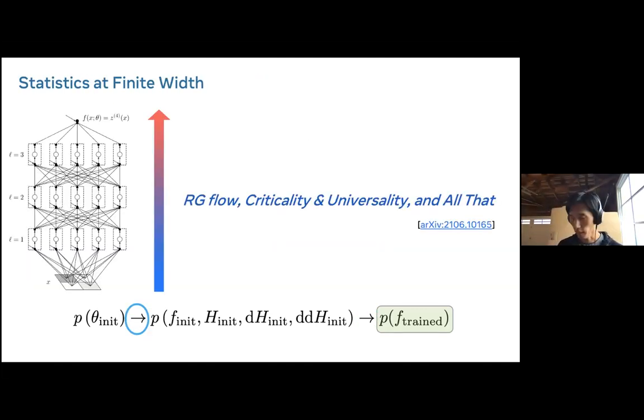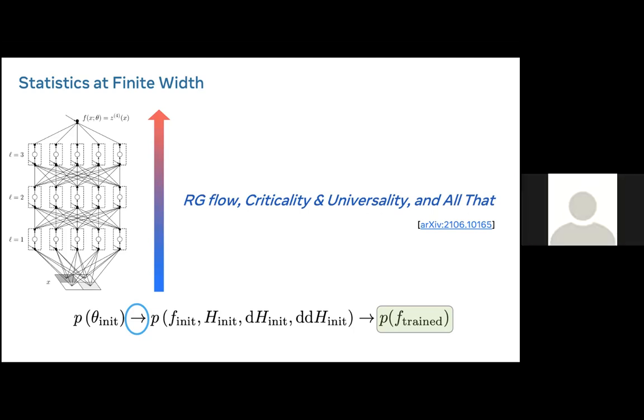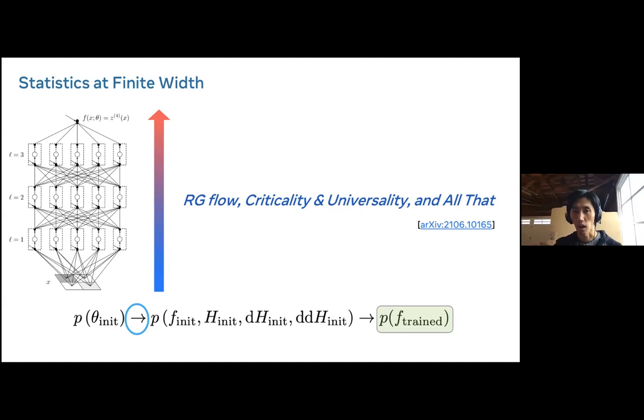But one thing I want to emphasize for this audience, which I guess has physicists, is that calculating this statistics involves going from layer to layer and passing this on. You first figure out the distribution of this object at the first layer, second layer, third, and so on. So this picture of RG flow actually emerged from integrating out the model parameters from layer to layer and then passing on to the higher layer statistics.